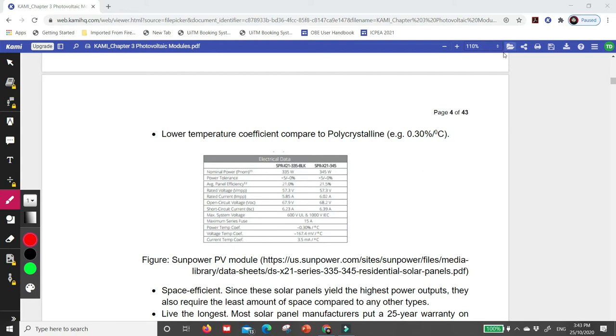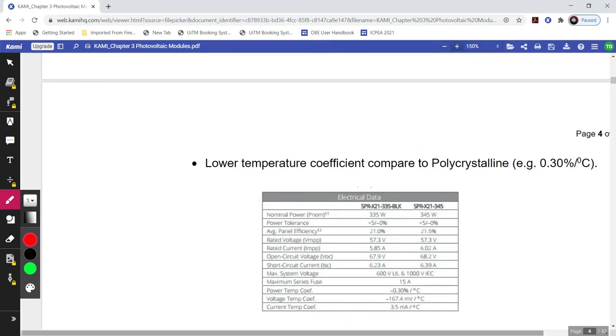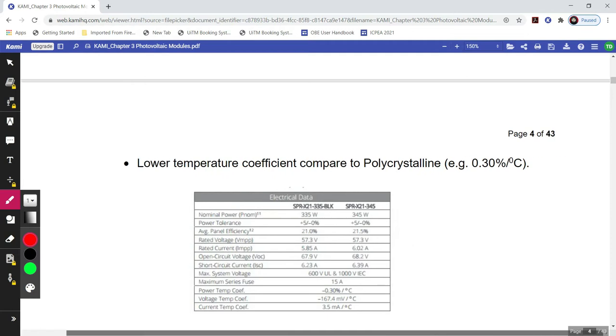So here we have two models. Okay, let me zoom in. Example here we have nominal power, P nominal, and power tolerance in percentage: plus 5 means the power may increase 5%, but minus 0% means there is no reduction in power.